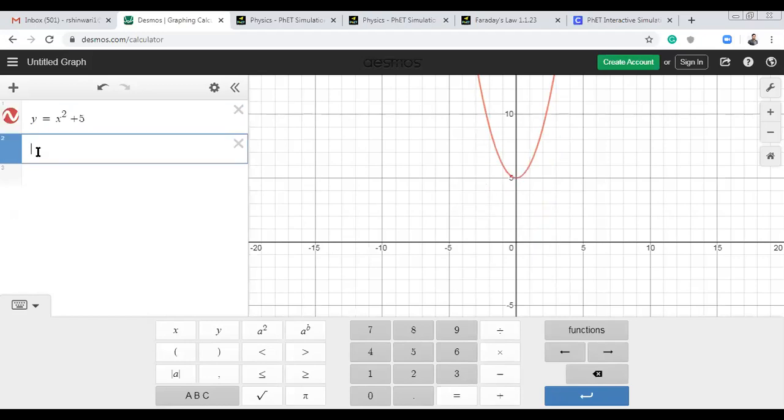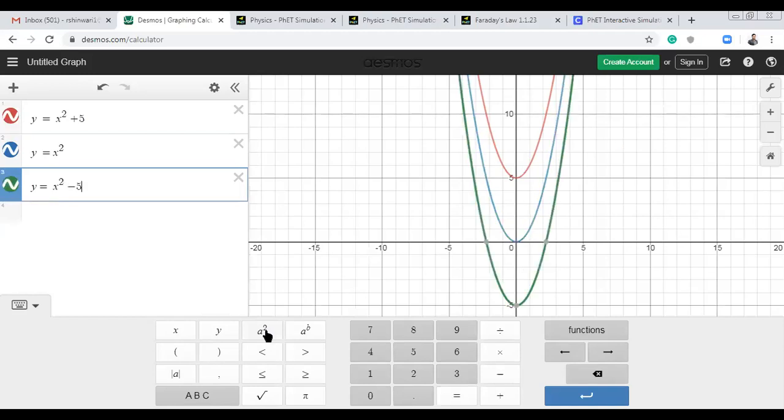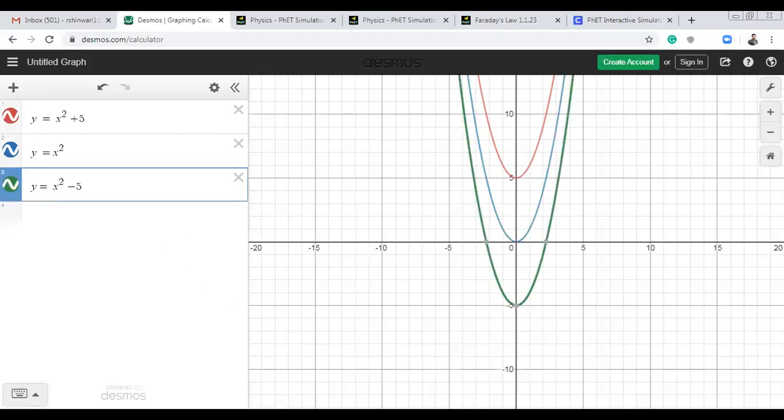If you subtract a number, y is equal to x square was the main function, the base function. You can see the blue line shows y is equal to x square. When you add plus 5, it will shift upward 5 units. But if you subtract, y is equal to x square minus 5, you shift the graph 5 units downward.